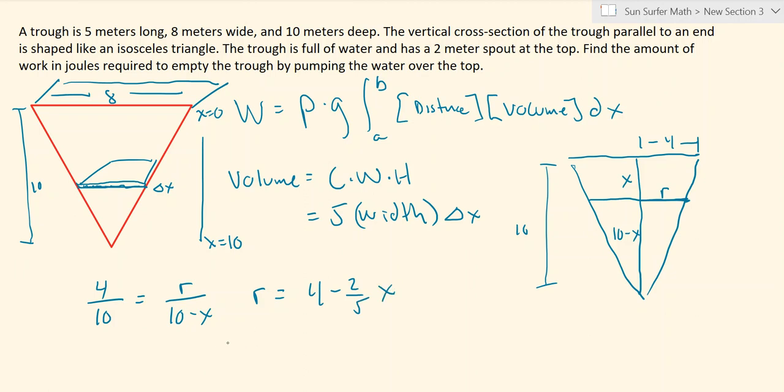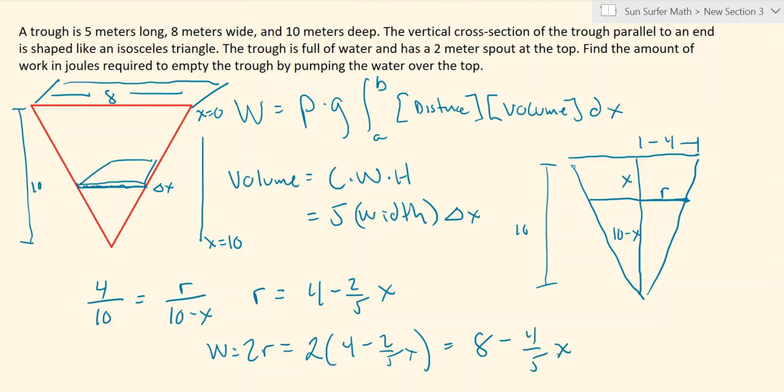That means that the width, which is 2 times the radius, is going to be 2 times 4 minus 2/5 x, or 8 minus 4/5 x.